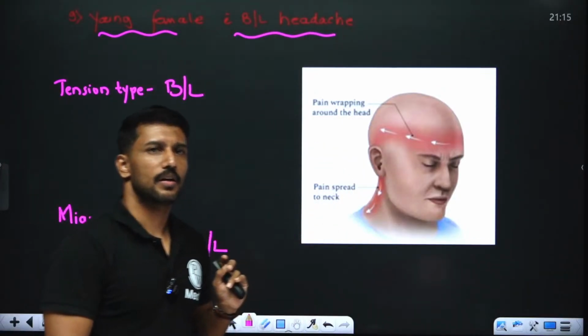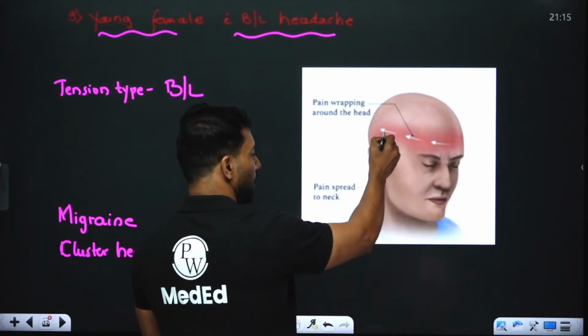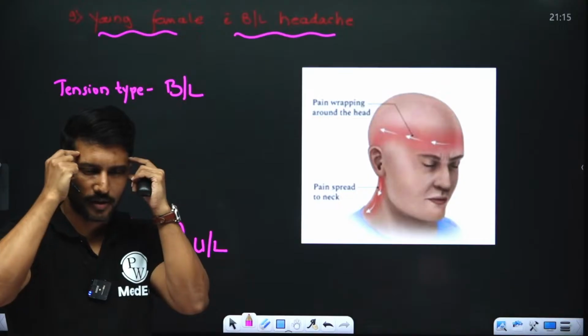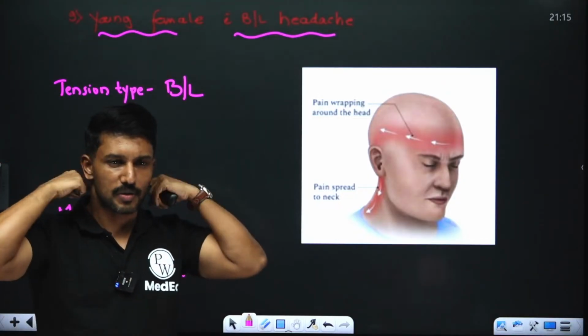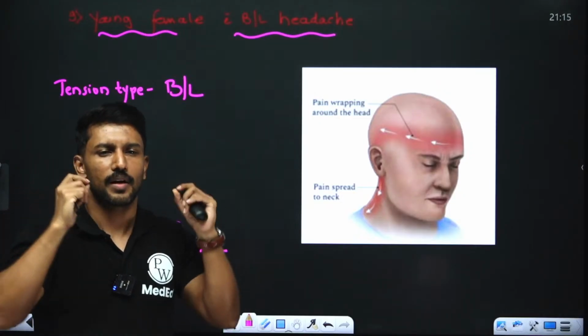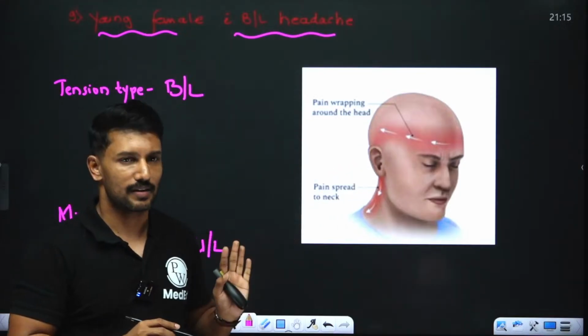helps me know more. What is it? This distribution of the pain, right? In the forehead, temporoparietal and occipital region, patients often describe it as a tight sensation. In the examiner's words, they describe it as band-like sensation or vice-like grip.